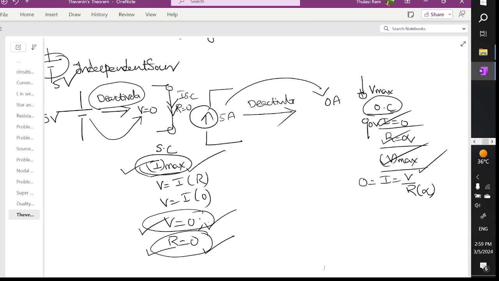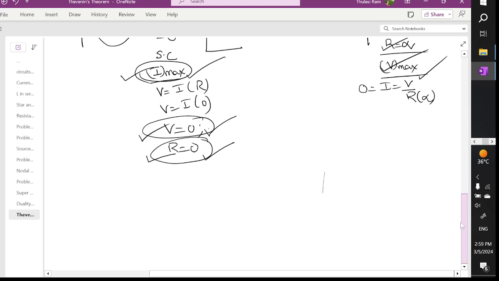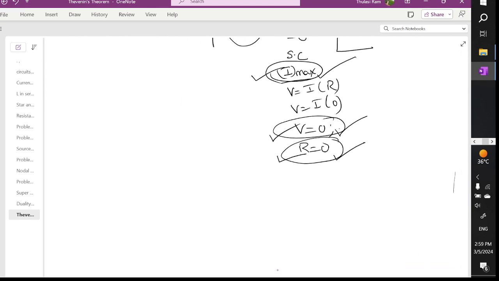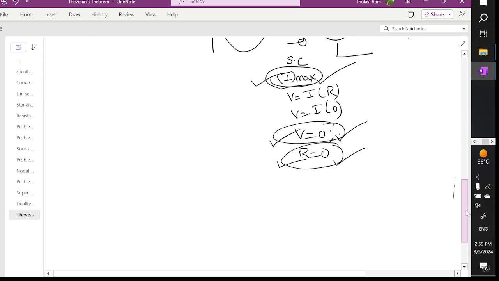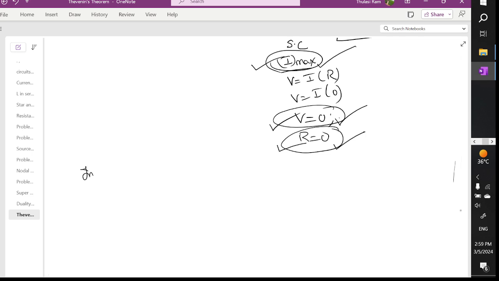So that's how deactivating a voltage source means making the voltage 0, and this is the meaning of making a current source 0. This is what you have to perform while handling independent sources. Let's summarize.